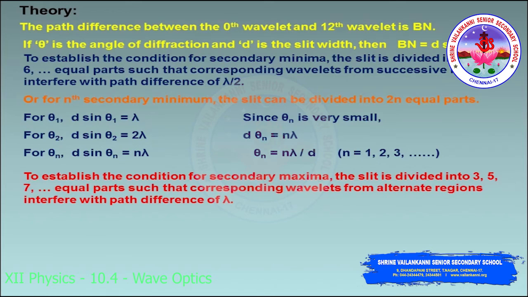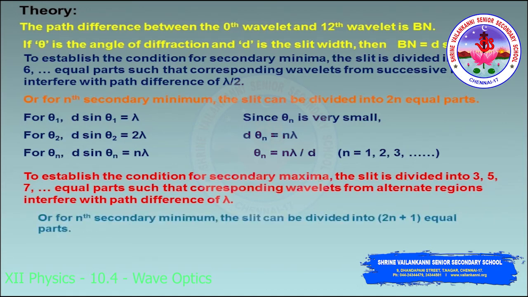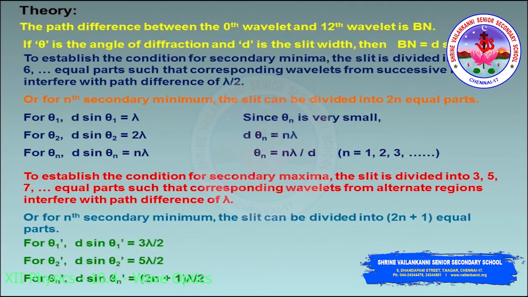To establish the condition of the secondary minima, the slit is divided into 3, 5, 7, like the odd numbers. So we will get d sin theta equals 2n plus 1 lambda by 2. So d sin theta 1 equals 3 lambda by 2, 5 lambda by 2, like that it will come, till n. So 2n plus 1 lambda by 2.